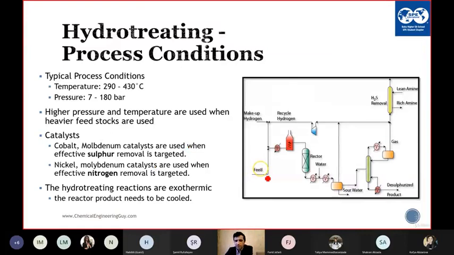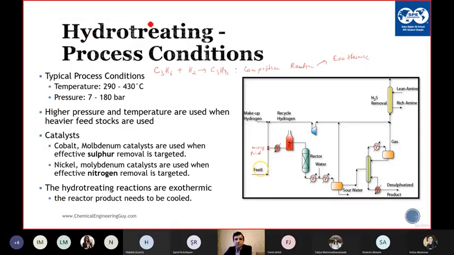So the feed is mixed with hydrogen at the mixing point, and then it is sent to the reactor. For instance, C3H6 plus H2, we produce C3H8. This is an addition reaction. Addition reactions are exothermic.